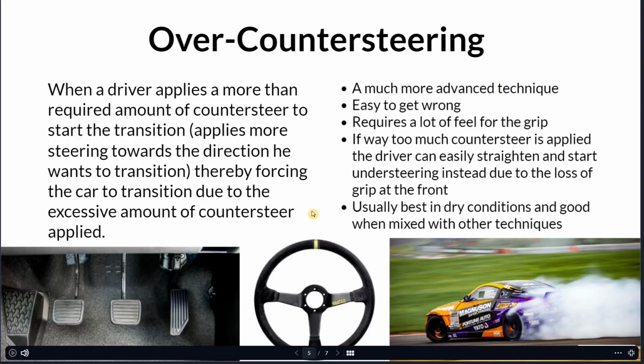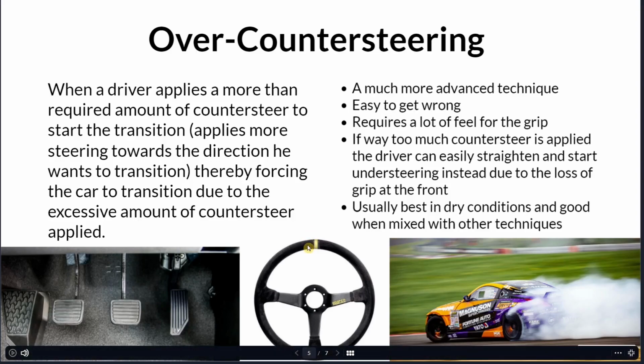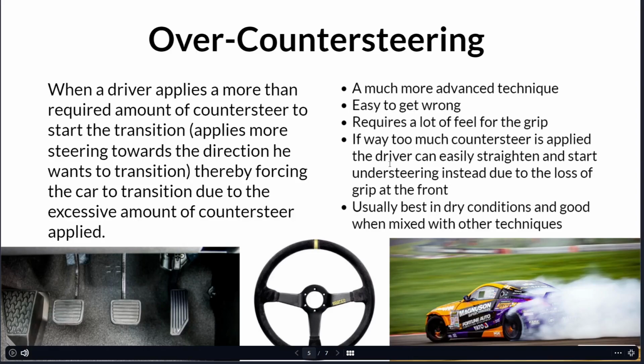It requires a lot of feel for the grip, because as you can imagine, if you apply too much angle here, you can't straighten, and you can start understeering because you applied way too much angle at the front and you start to lose grip at the front tires. If way too much counter steer is applied, the driver can easily straighten and start understeering instead due to the loss of grip at the front.